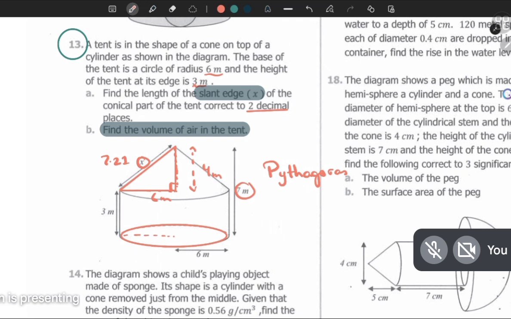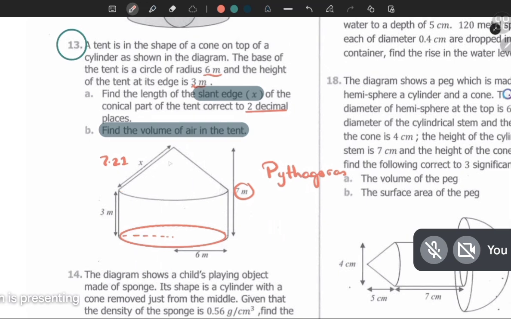Now what we have is the volume of air in the tent. Now that you have the slant height, there shouldn't be an issue. You've got the cone and the radius of the cone. What is the formula for the volume of a cone?